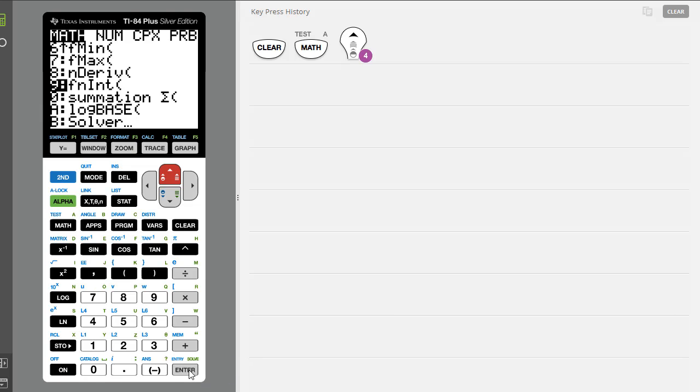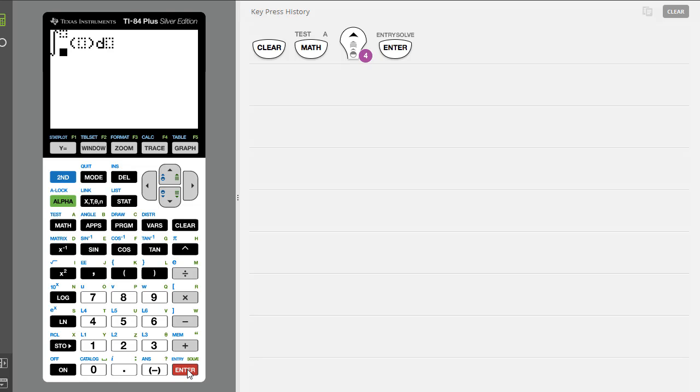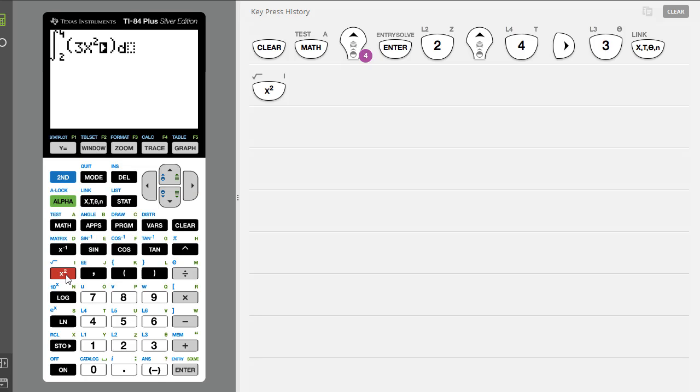If we remember that it's number 9, we can just hit the 9 key to get there more quickly. We're integrating from 2 to 4, and our expression is 3x squared minus 1, and we're doing this for variable x. All right, and so we get a value of 54.